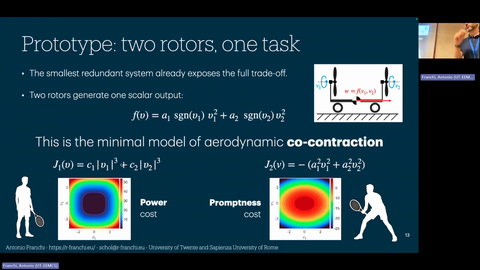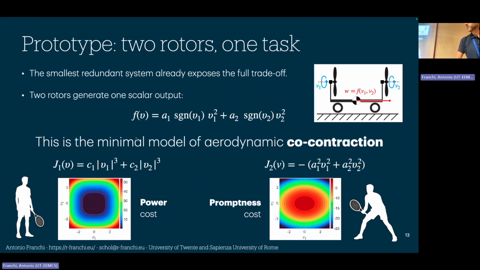But to fix the ideas, let's look at a very prototypical example, which is also redundant: a cart with two propellers that can move only in one direction. So the task, the force that is produced to move this cart, is one-dimensional. The propellers are two, so you have an infinite number of ways to generate the same task. You can imagine these propellers even pointing both up, and you have a birotor, which is exactly the same.